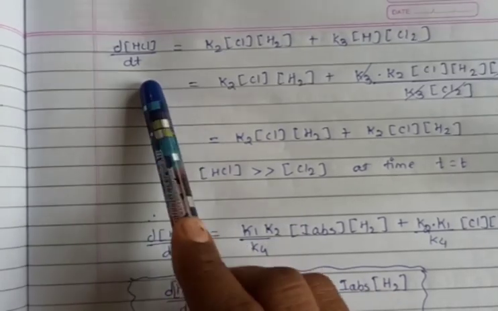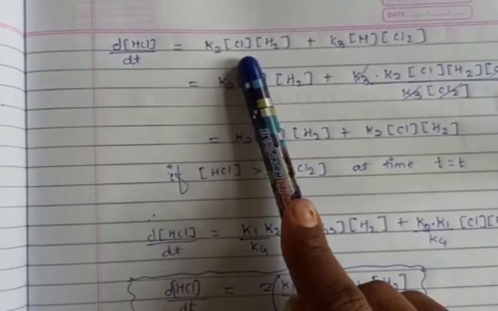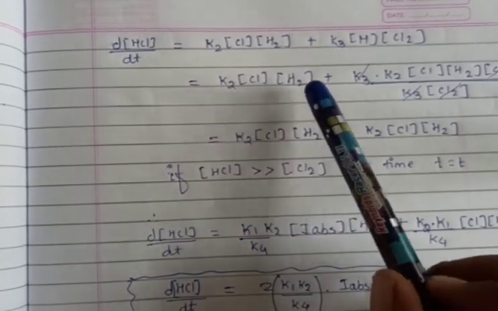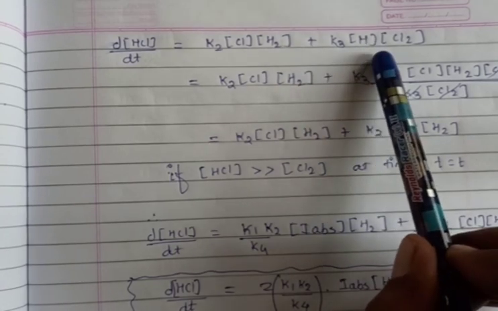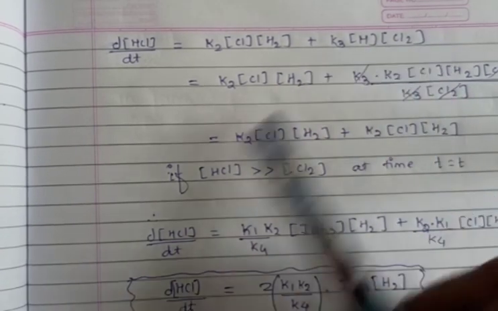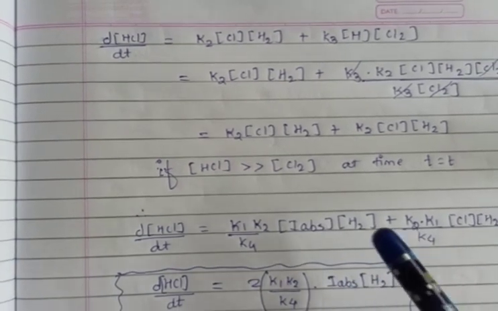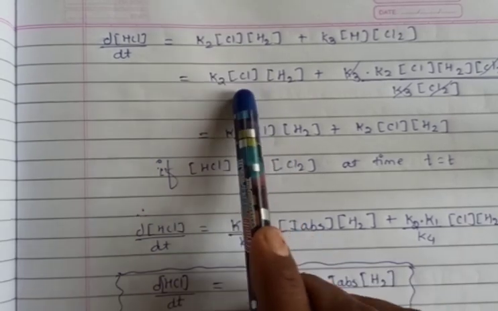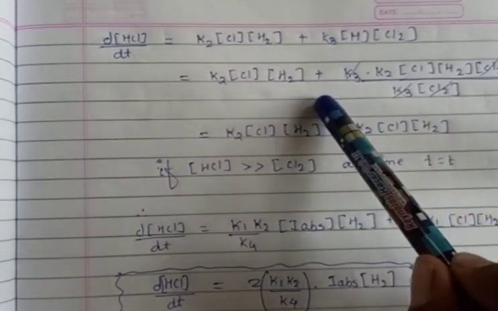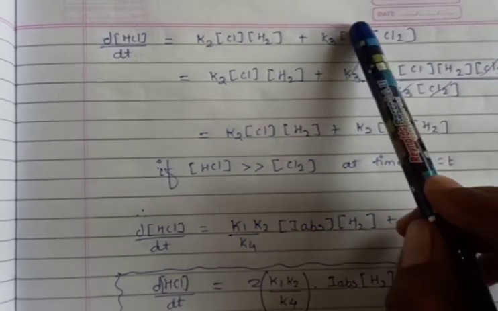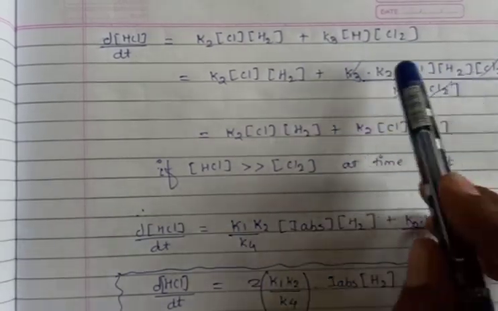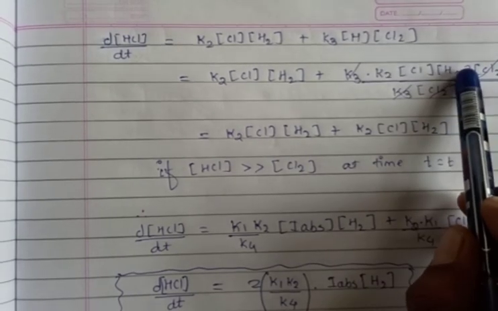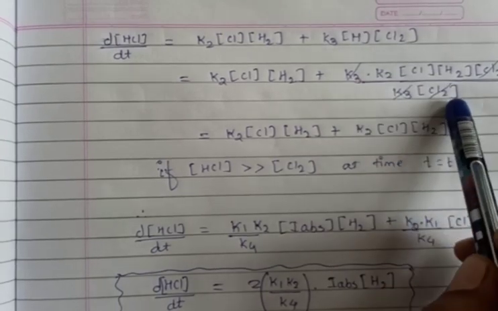The first term is as it is, K2 into concentration of Cl into concentration of H2, plus K3 as it is, and just put the value of H which we have calculated, K2 into concentration of Cl into concentration of H2 divided by K3 into concentration of Cl2.